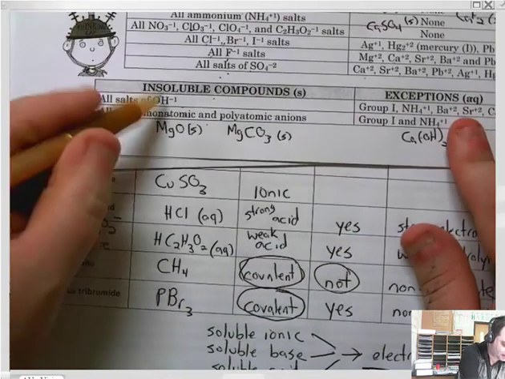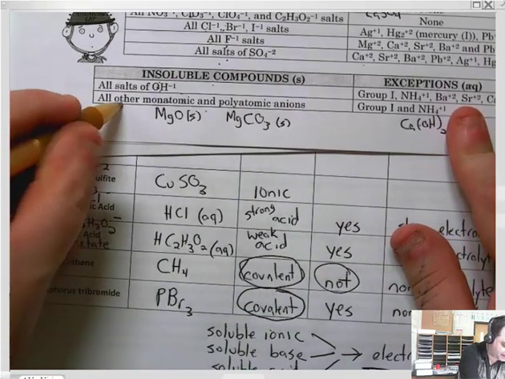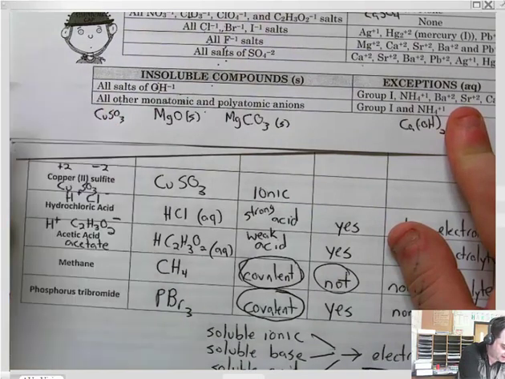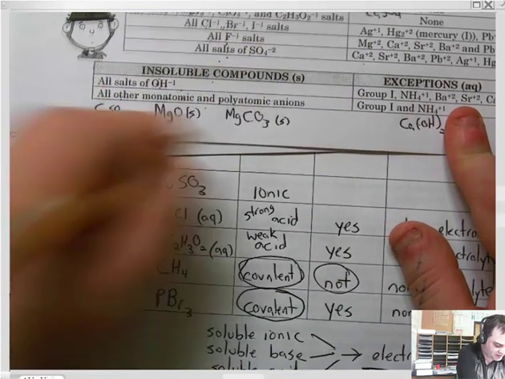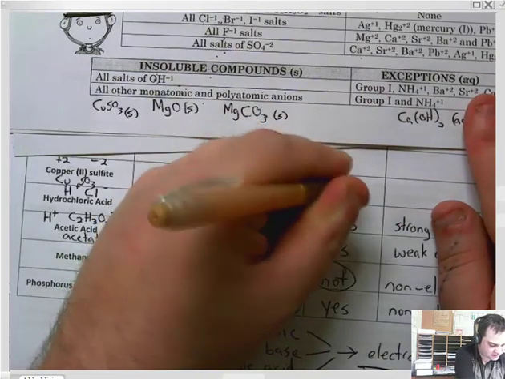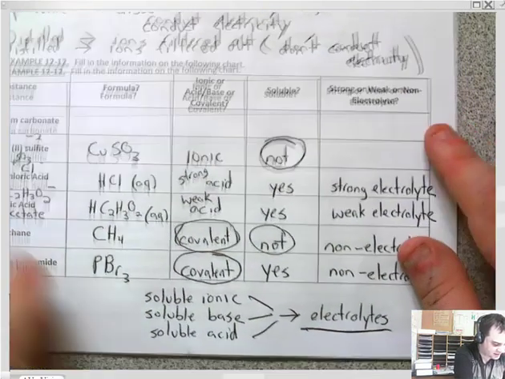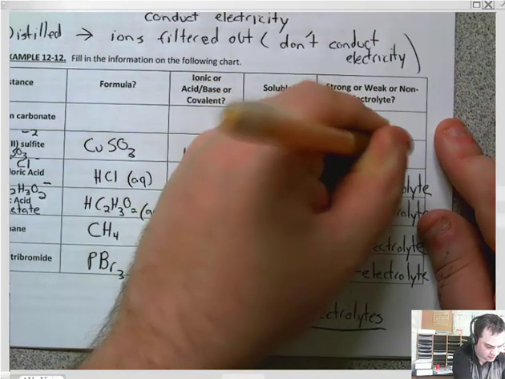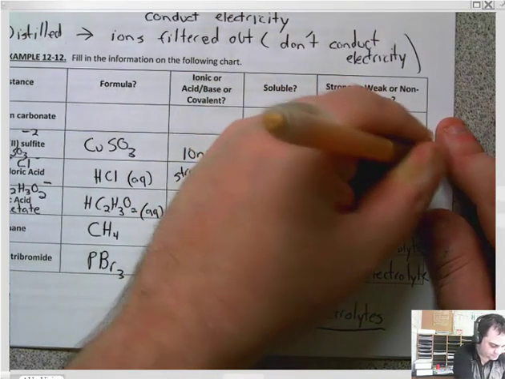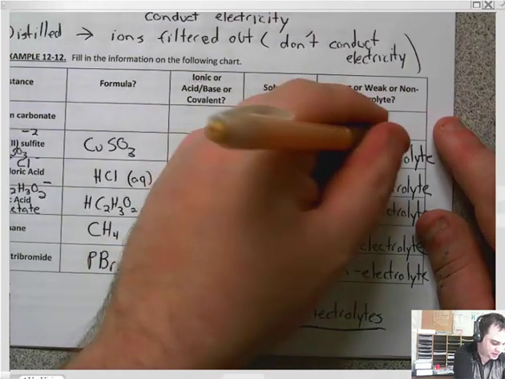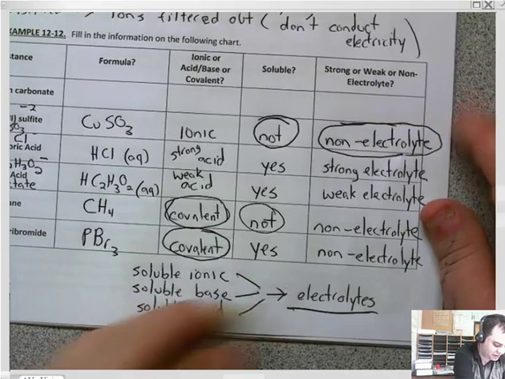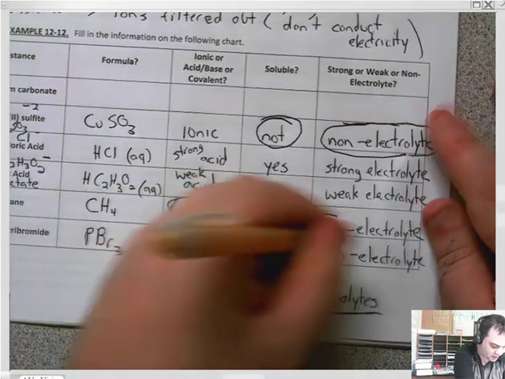SO3, OH minus, so we fall into this last rule, which means it is solid, which means it is not soluble. Since this is not soluble, this is a non-electrolyte. It has to be soluble to be an electrolyte, and it has to be ionic, acid, or base.